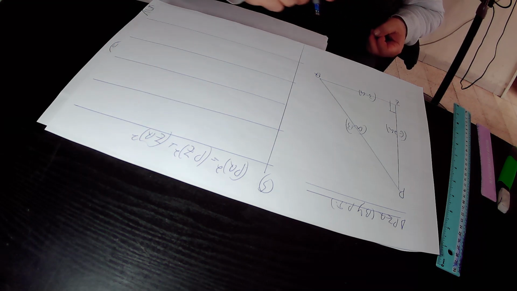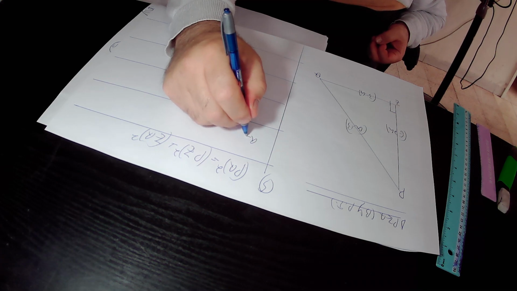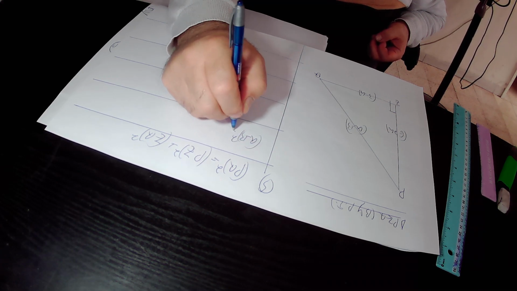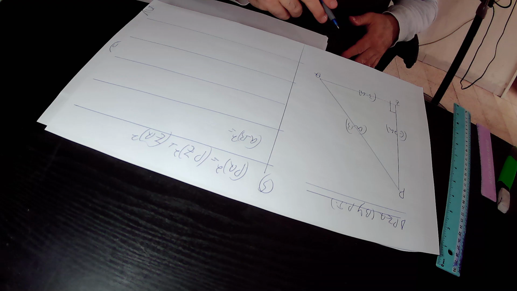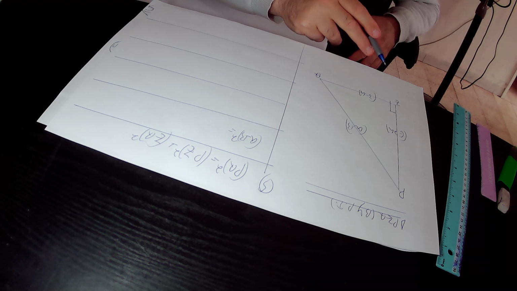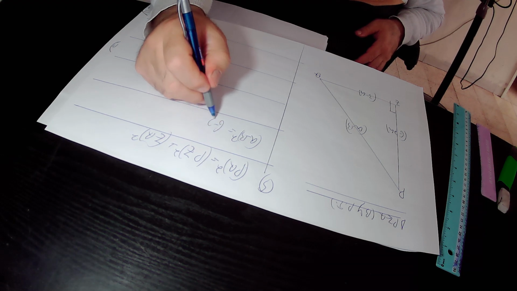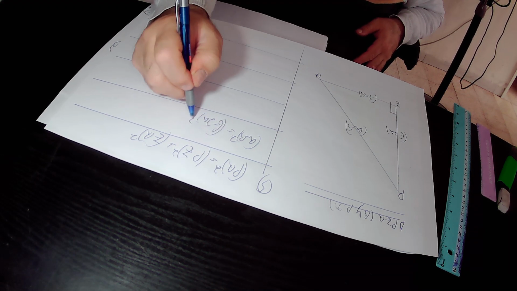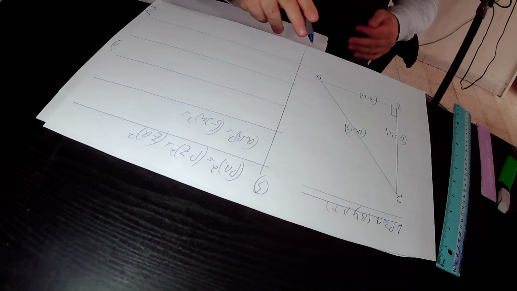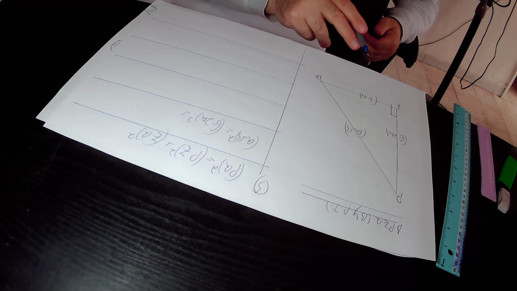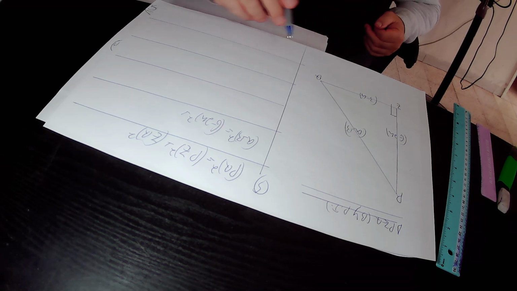PQ is A plus 3, therefore PQ square is (A plus 3) square, and it equals PZ square. PZ is 6 minus 2A, therefore PZ square is (6 minus 2A) square, plus ZQ square. ZQ is 3 minus A, therefore ZQ square is (3 minus A) square.